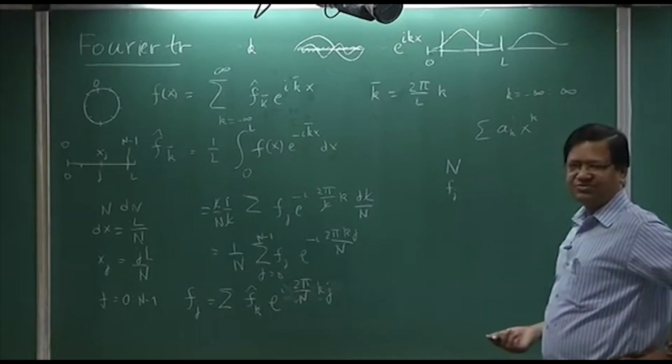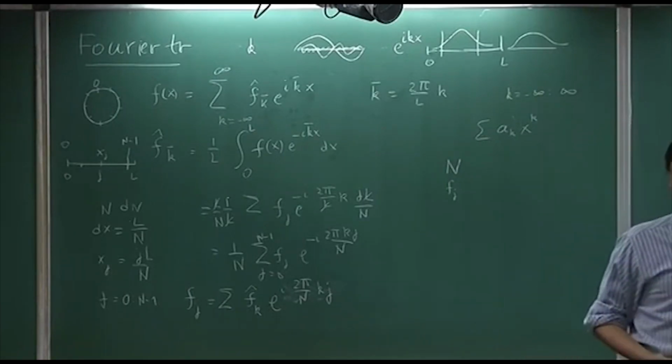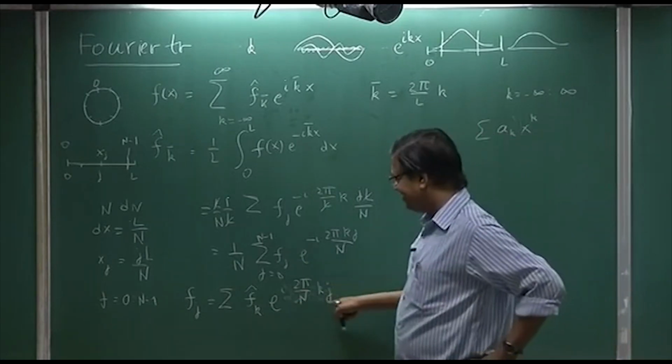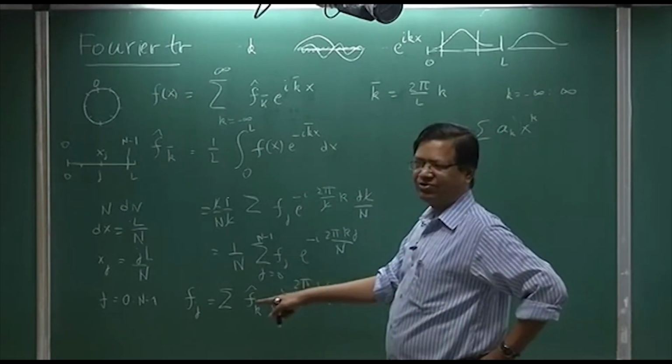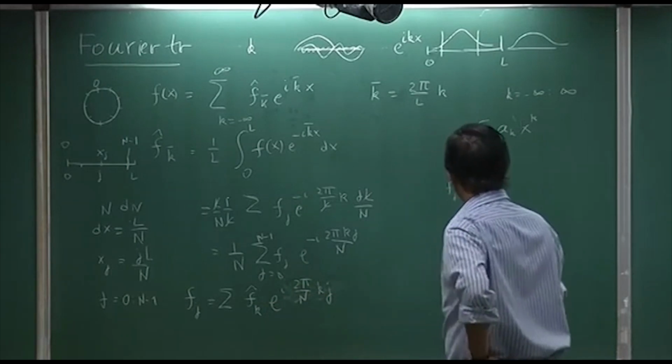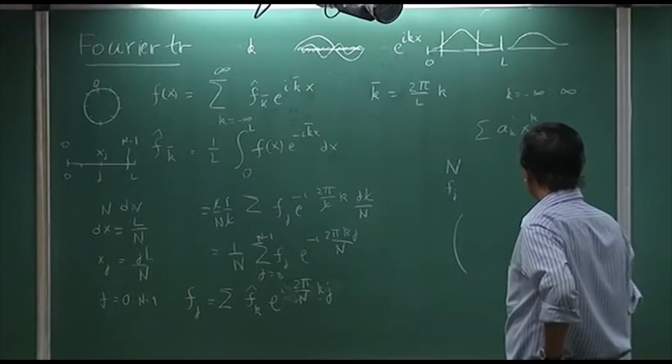So, how many Fourier variables must there be? How many k's should be there? So, the number of k's must again be n, because this is a linear transformation. You can write this in terms of a matrix.